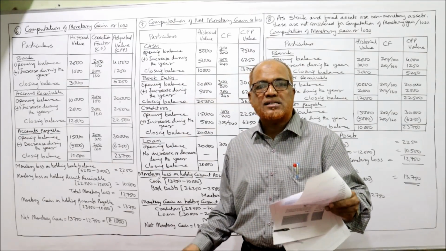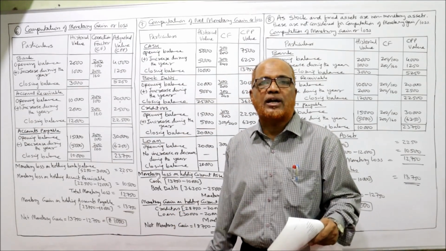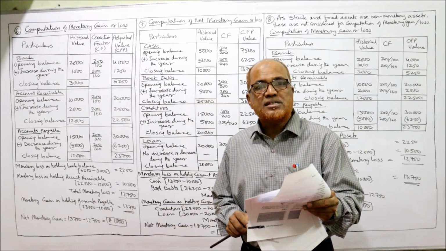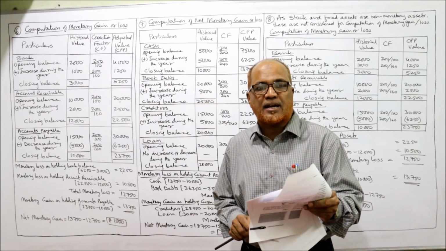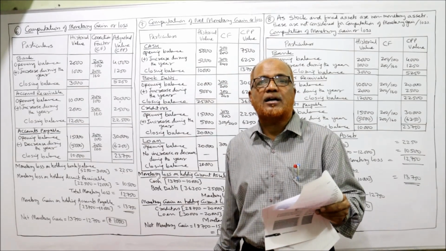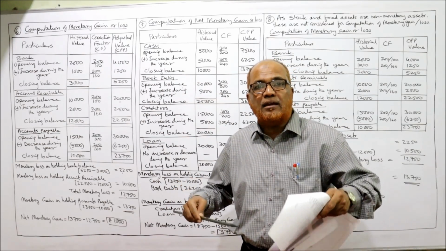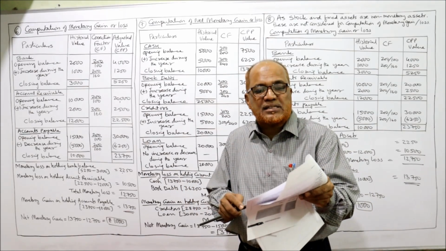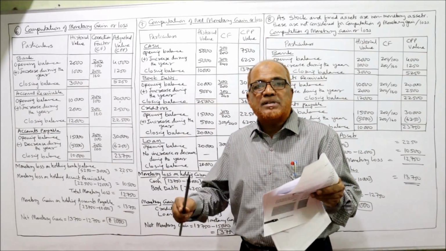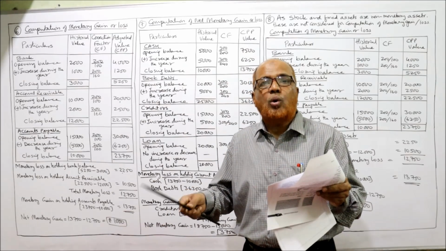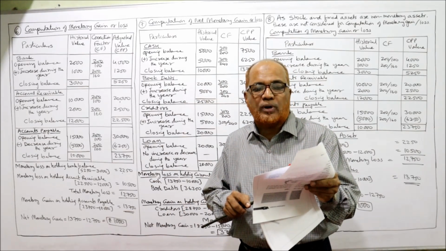Debtors, account receivable or book debts mean the same. Cash and book debts are assets. Loan and creditors are liabilities. So the business will gain by holding liabilities, creditors and bank loan. The business will incur loss on holding monetary assets, cash and book debts.